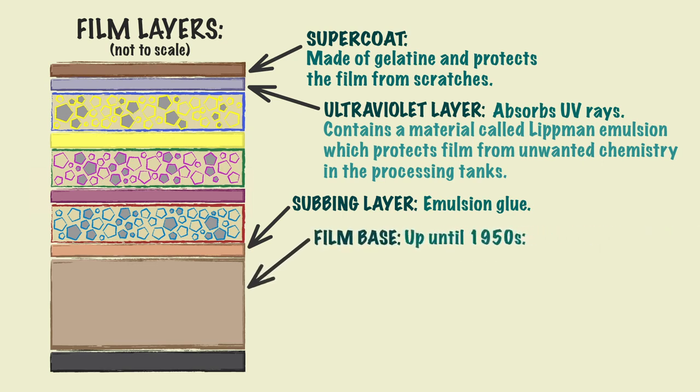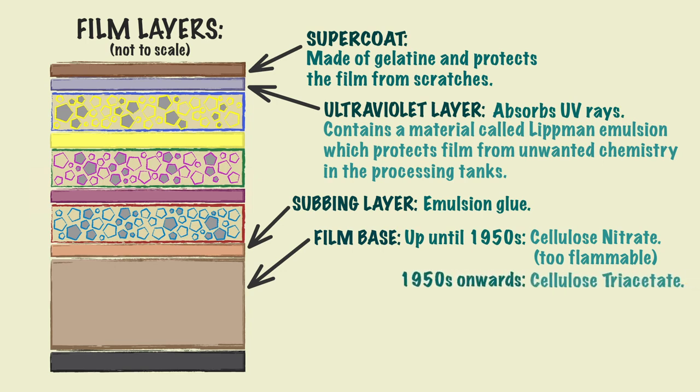Up until the 1950s, the film base was made from cellulose nitrate, but this proved to be unsafe to store since it was far too flammable and would combust as it deteriorated. So a different celluloid-based material was developed that was much safer to use, called cellulose triacetate.